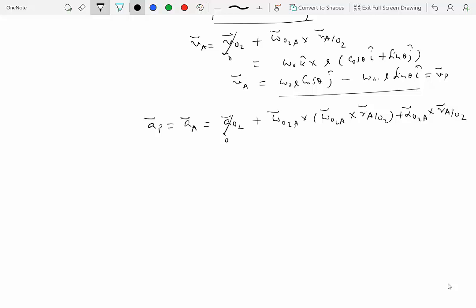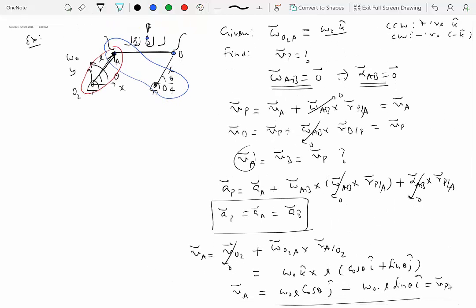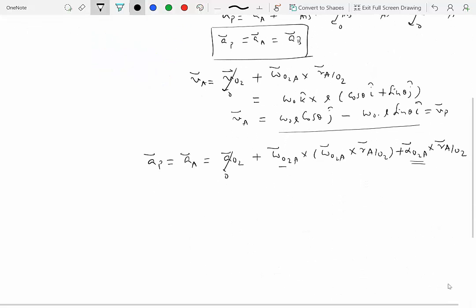Now to get this, we have to know what alpha O2A is. We know what omega O2A is, but we don't know what alpha O2A is. So we'll simplify our problem and say that this omega 0 is constant. If omega 0 is constant at all times, then alpha O2A is 0, so this will be 0, and we'll drop this term as a result of that.